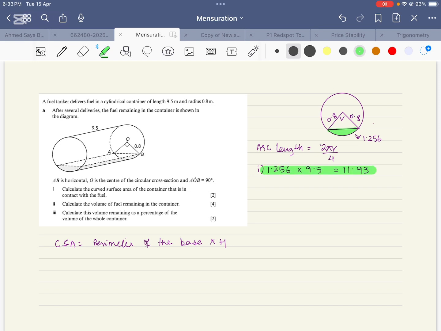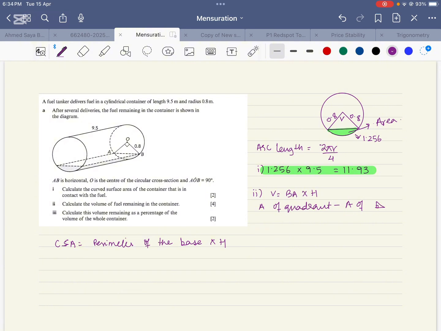Moving on to part 2, it says calculate the volume of fuel remaining in the container. We all know that formula for volume is base area into height. So here base area is area of this segment. How do we calculate area of this segment? Area of quadrant minus area of right angled triangle.